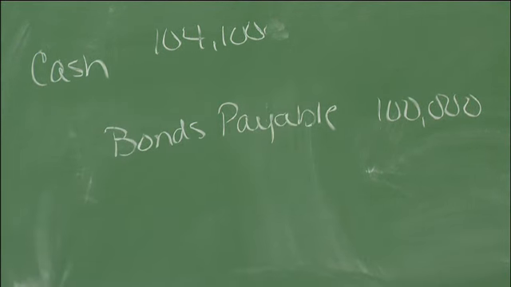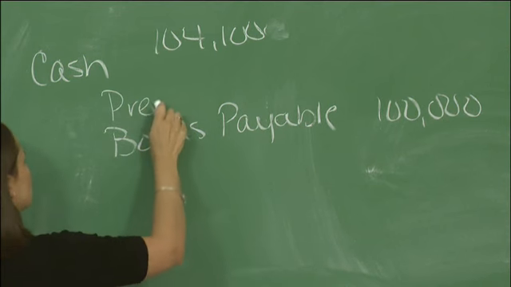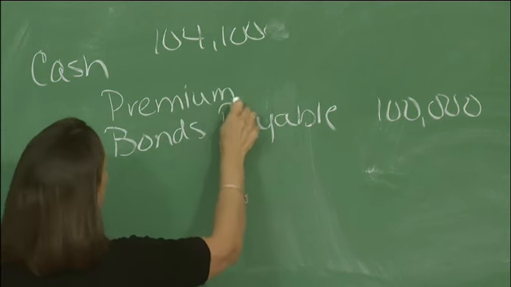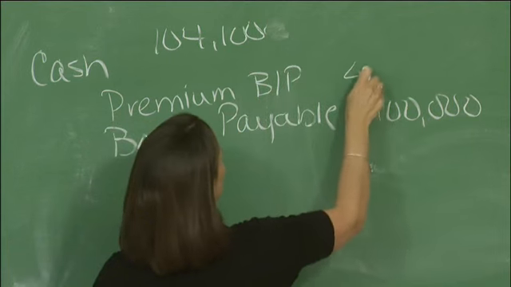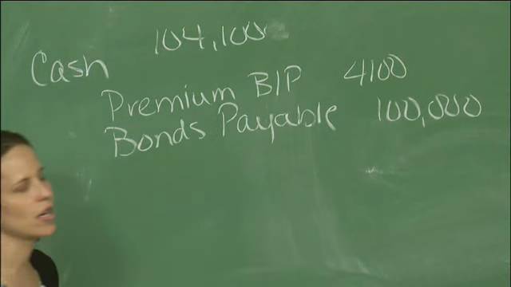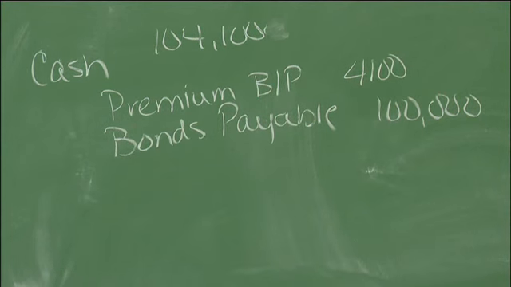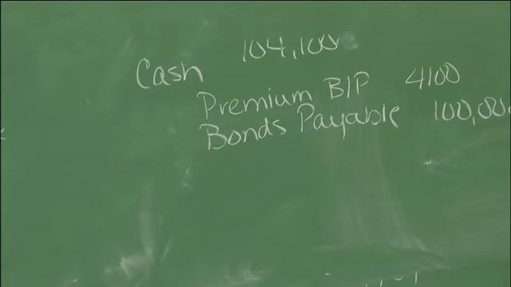So we know when we initially recorded that bond, we recorded a credit to premium. Then we know each interest payment, we have to amortize that premium to get rid of it. So we just do the opposite of what we did in the entry when we first recorded it. When we first recorded it, we recorded a credit to the premium, so we know we need to debit it in the interest payment.